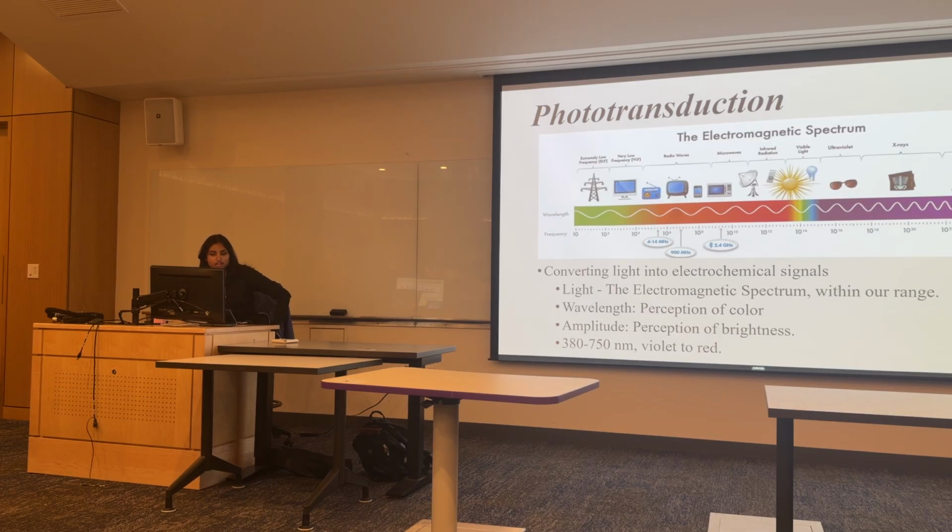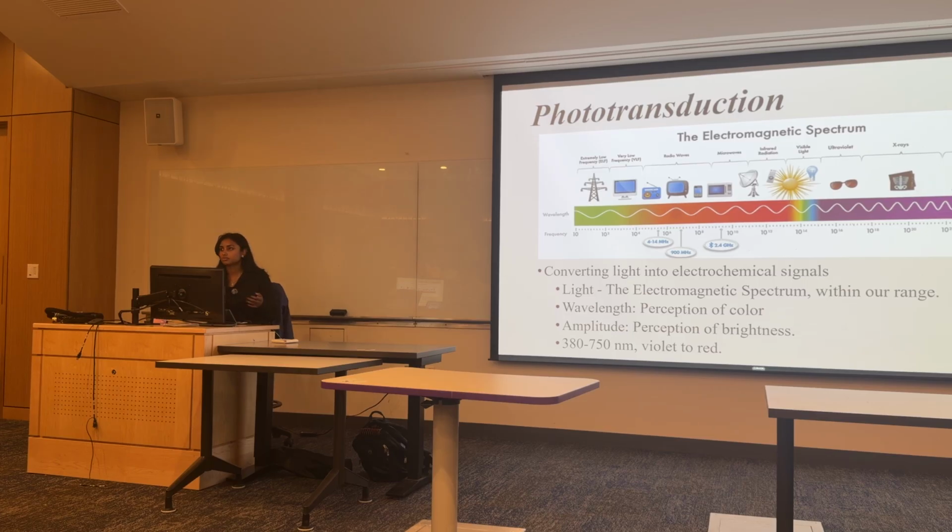Okay. So phototransduction, this also involves the electromagnetic spectrum, but this is the process by which we're able to interpret light and then convert it into electrochemical signals that our brain can process. So of course, the light that we see is the electromagnetic spectrum within our range. And then for us, the wavelength of the light is our perception of color. And then the amplitude of the light is the perception of brightness, so how bright or dark a visual field is.